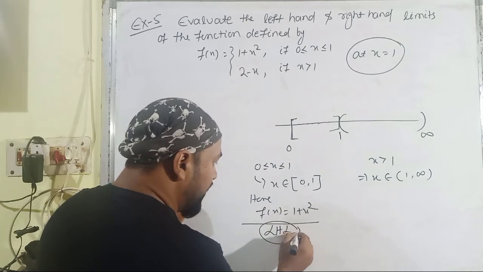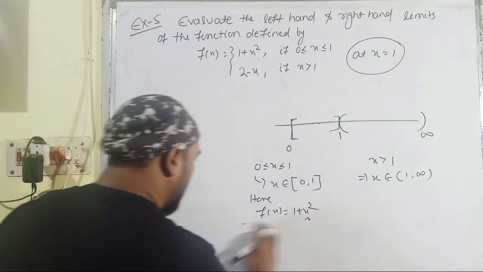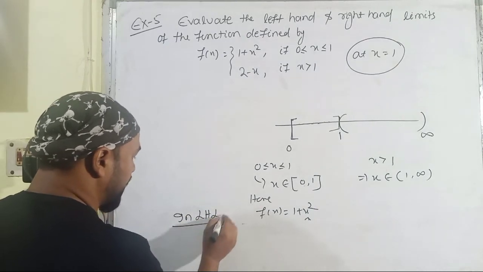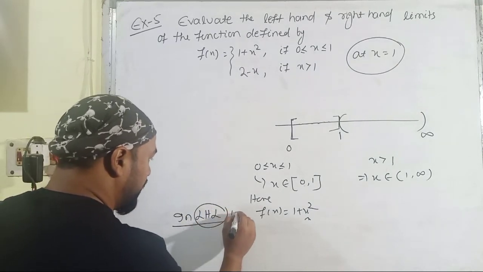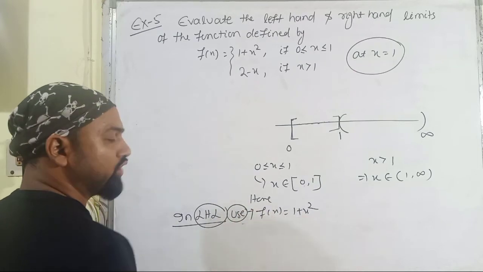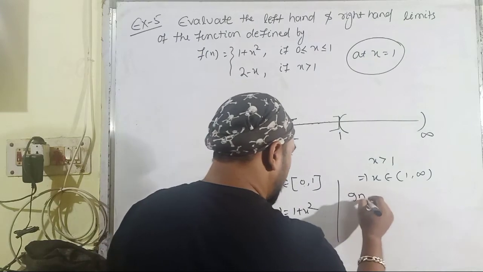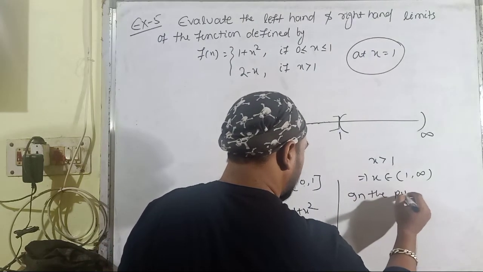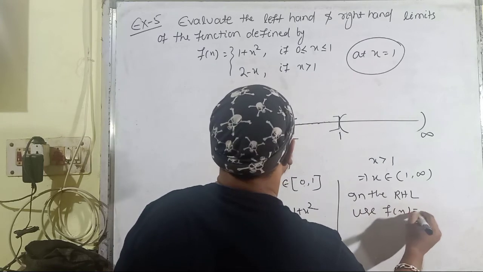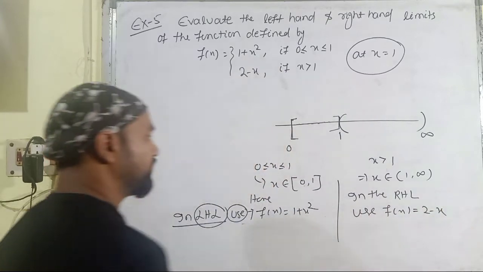In the case of the left hand limit, use the function f(x) as 1 + x². In the right hand limit, use f(x) = 2 − x.